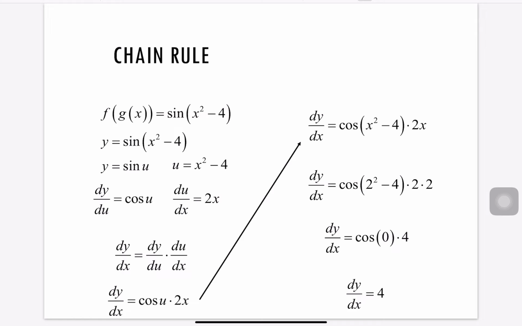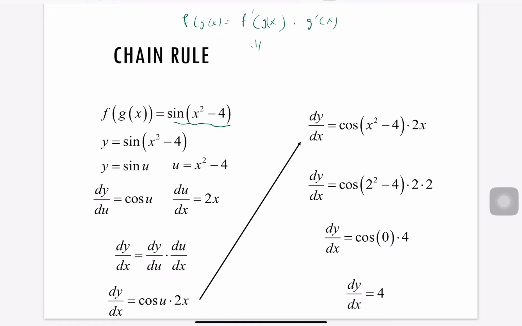For example, I do this function with you, but in a simple form, by hand. f(g(x)) is this function. I write f(g(x)) equals f prime g(x) multiplied by g prime x.